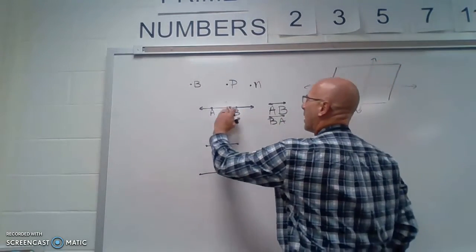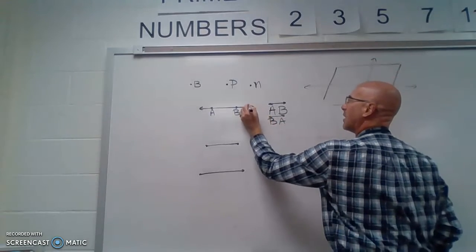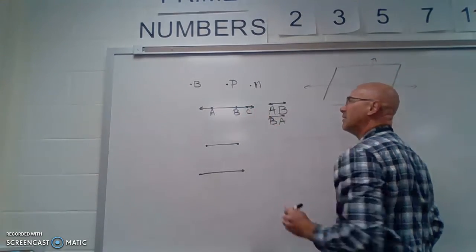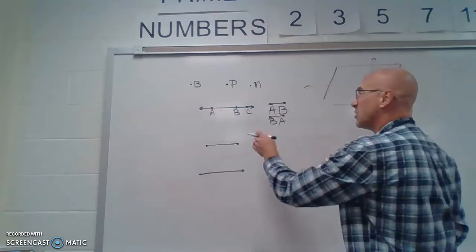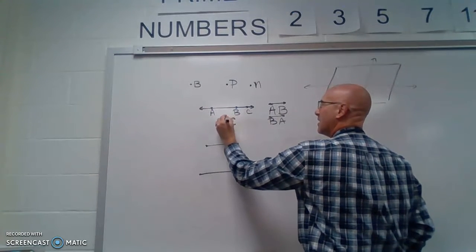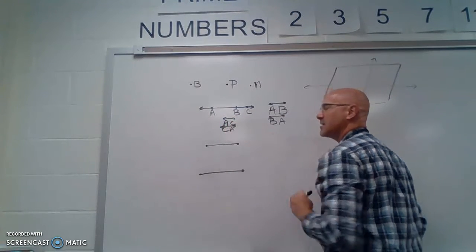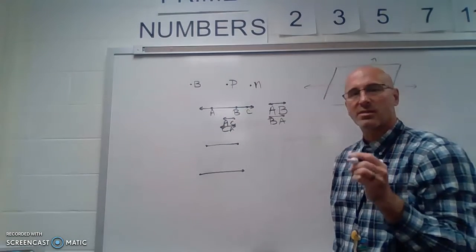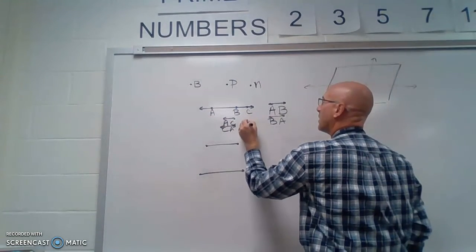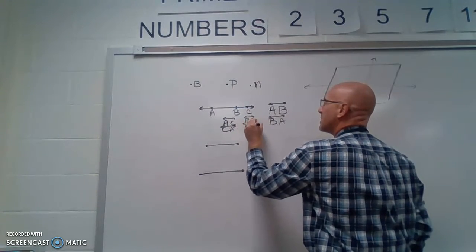So we know that in a line there are infinite number of points. What if we had another point in there, point C? We could also name this line AC or CA, line CA. We always have to put that line symbol above it. We could also name it line BC or line CB.